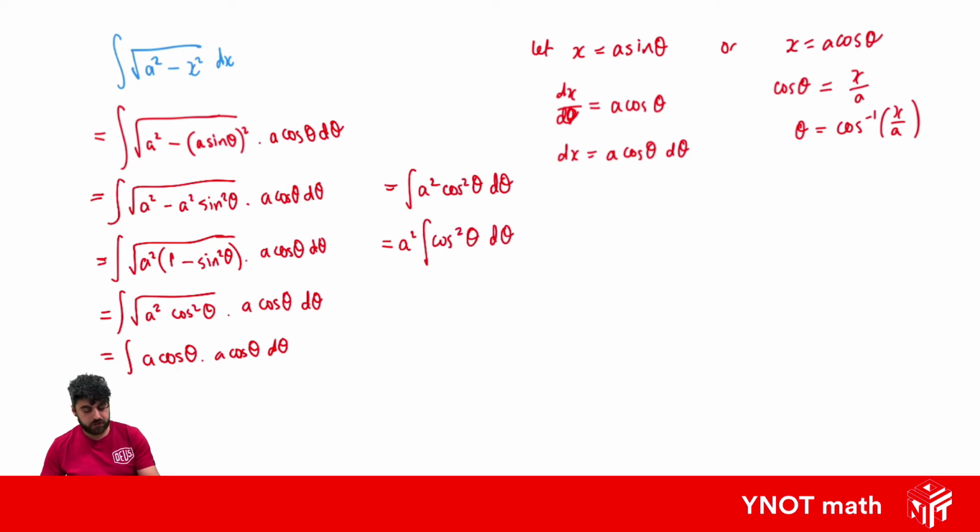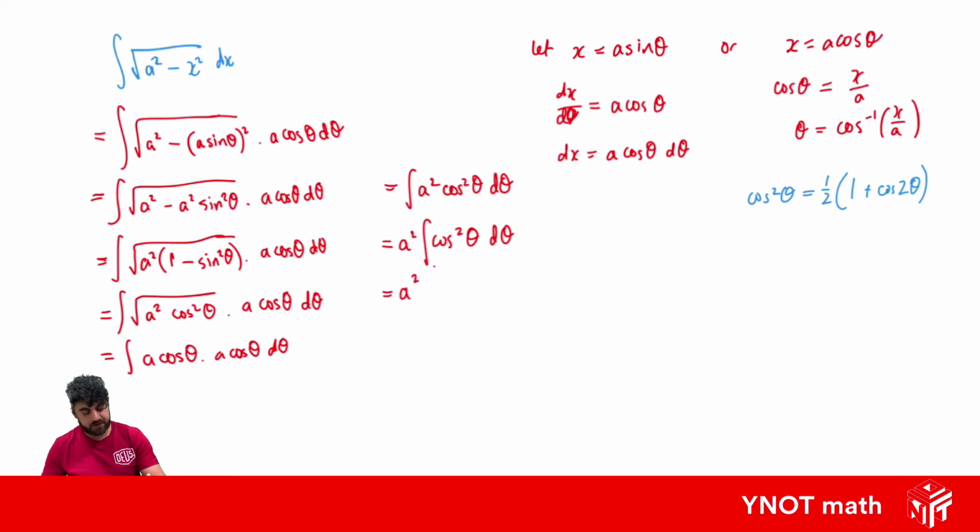And that's something we do know how to integrate, because we should know that cos squared theta equals a half outside of 1 plus cos 2 theta. So we're going to make that substitution.